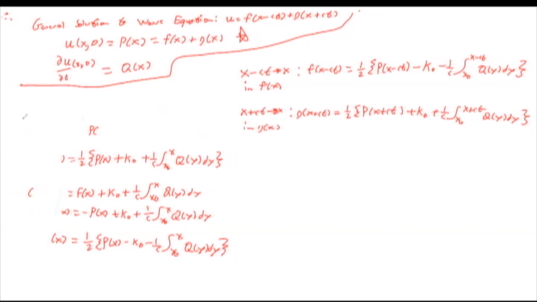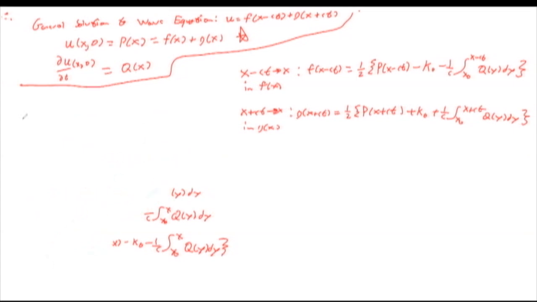But we note that the general solution to the wave equation is u equals f of x minus ct plus g of x plus ct. And so we've just solved for f of x minus ct and g of x plus ct. So let's plug them in.